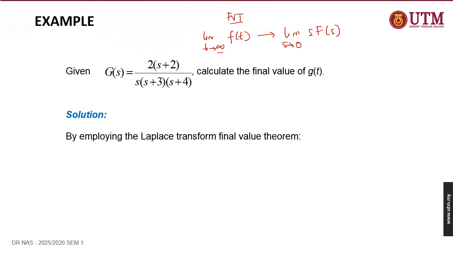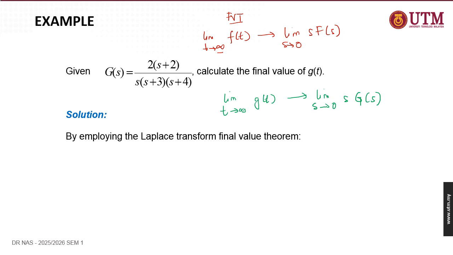So the final value theorem for this particular equation is the limit as t approaches infinity of g(t), which equals the limit as s approaches 0 of s multiplied by G(s).